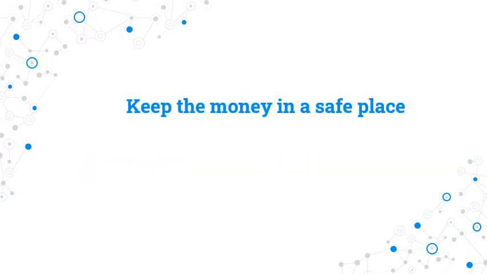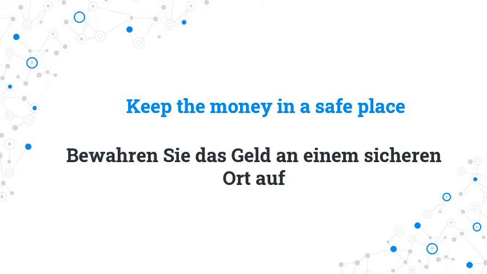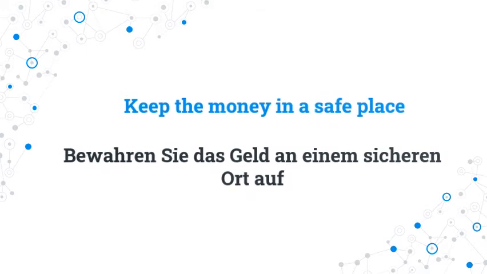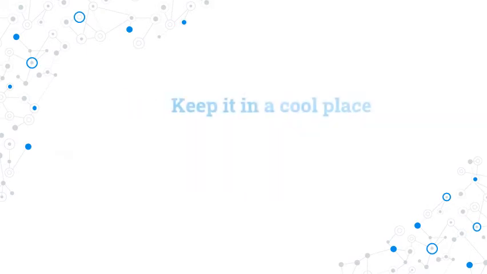How do you say, keep the money in a safe place, in German? Bewahren Sie das Geld an einem sicheren Ort auf. How do you say, keep it in a cool place, in German?